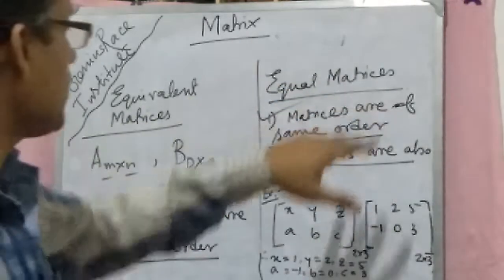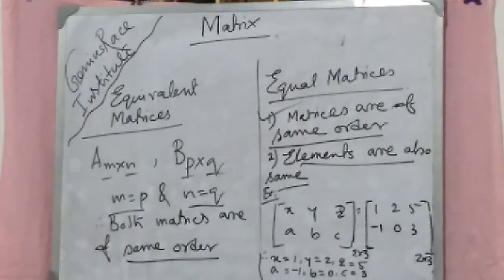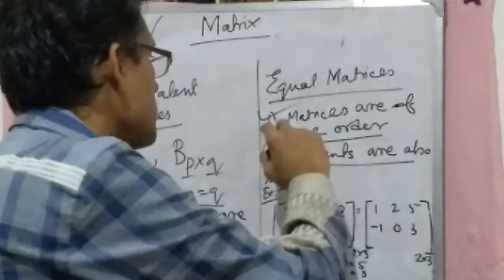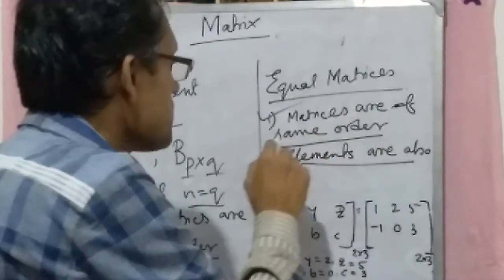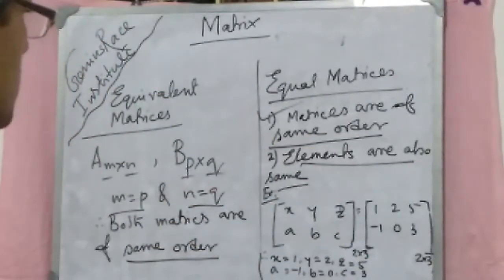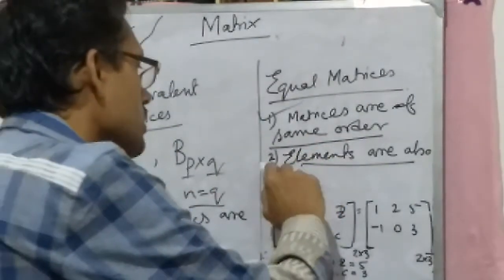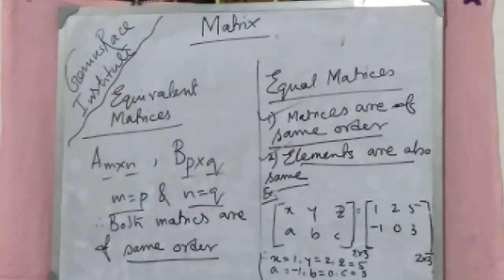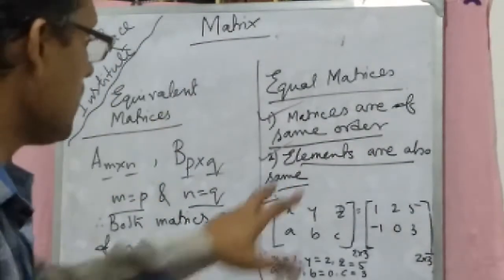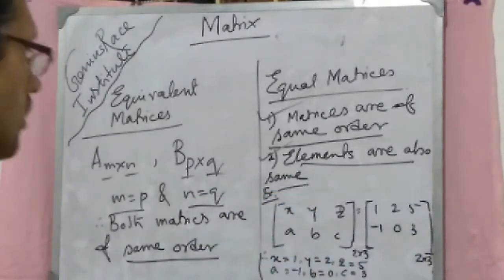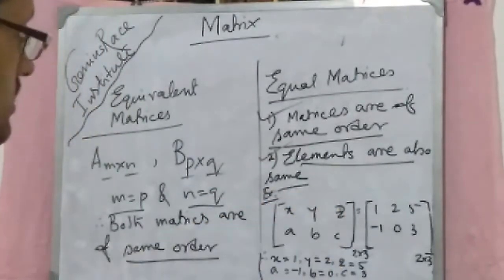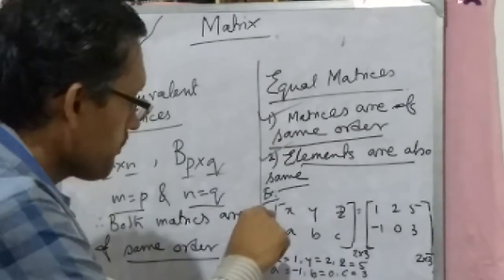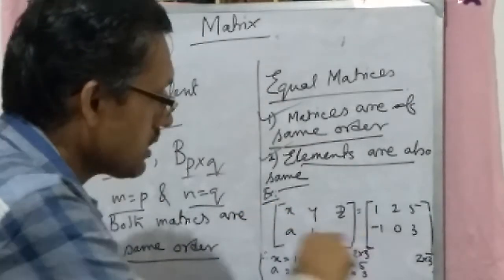Now equal matrices have two conditions. One is that the matrices must be of the same order like this, and the elements must also be the same. For the sake of simplicity, we have taken one example of two matrices: this is one matrix given and this is another matrix given.